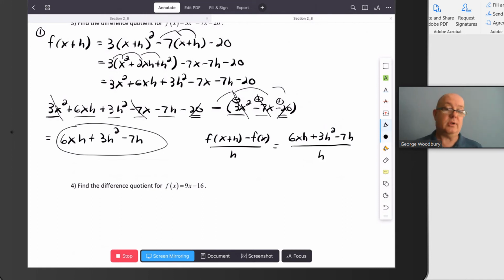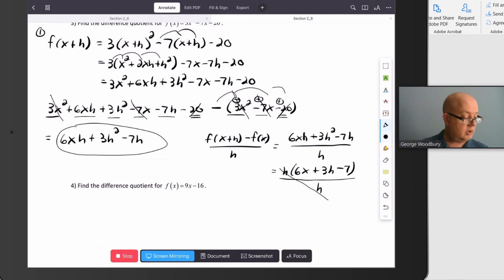I can factor out a common factor of h in the numerator, h times 6x plus 3h minus 7 all over h. Divide out the common factor of h in the numerator and denominator, and we're left with 6x plus 3h minus 7.